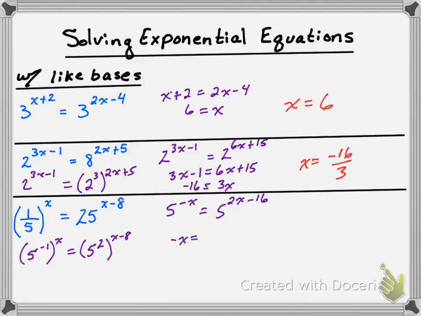So negative x is equal to 2x minus 16. We're going to add this x over to this side, which will give us 3x. And then we're going to add 16 over to this side, which will give us 16. And that leaves us with x is equal to positive 16 over 3.